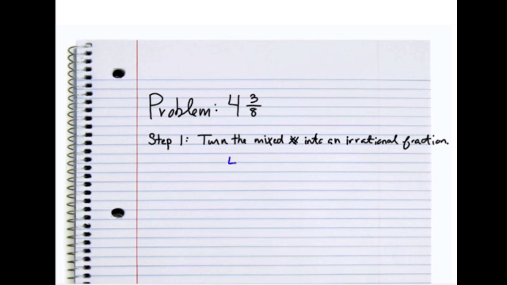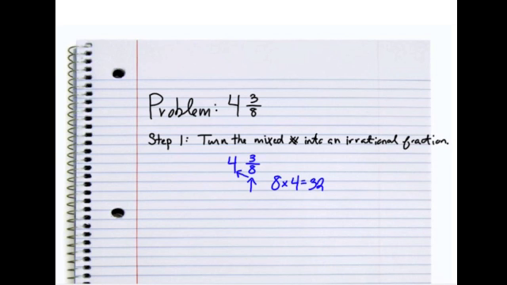However, if we're turning a mixed number into a fraction, just like we've had in the past, we want to take the number of parts in the whole and multiply it by the number of wholes that we have. So if there are 8 parts in a whole, I multiply it by the 4 wholes that are included in my mixed number. That's going to give me 32 pieces that would make up 4 wholes.